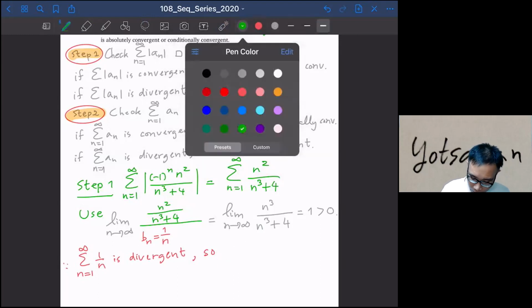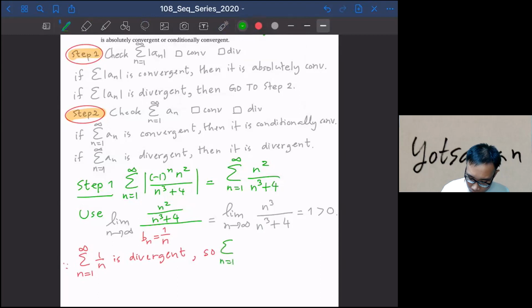So the series of n squared over n cubed plus 4 is divergent. Okay, so this one will be your step 1. So it turned out to be divergent.